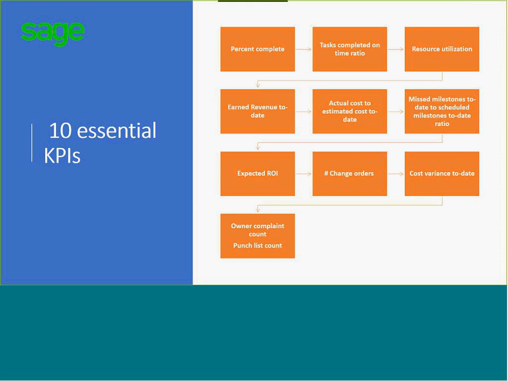And you can see in here we've got 10 KPIs: percent complete, task completed on time ratio, resource utilization, revenue to date, which is a WIP metric, work in progress metric, actual to cost estimate, estimated cost to date rather, and missed milestones to date, which happens.